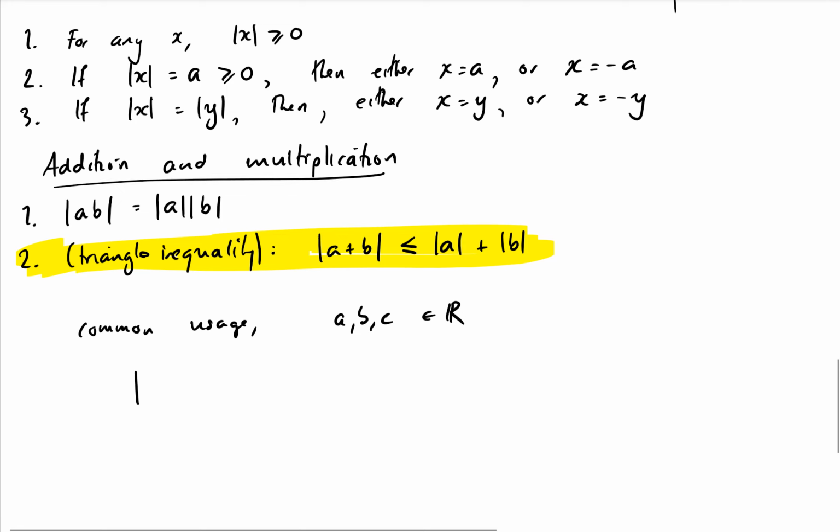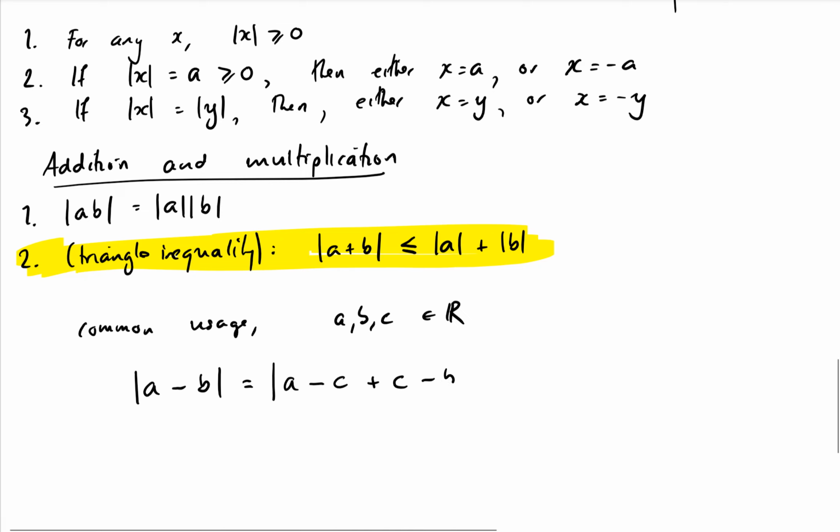If I've got the absolute value of A minus B, then a common trick is to introduce the third number C to break this up into pieces. So I'll make that equal to A minus C plus C. Okay, I've just introduced a 0, that's fine.